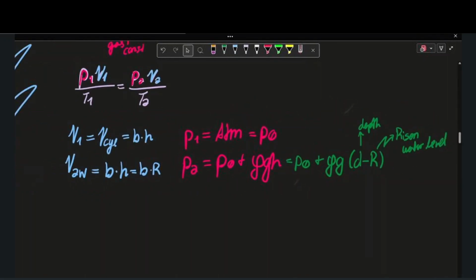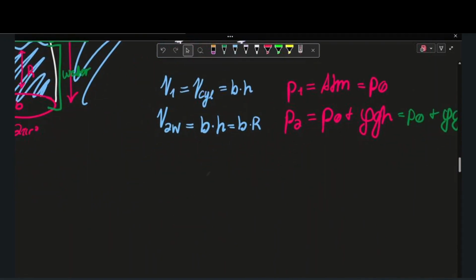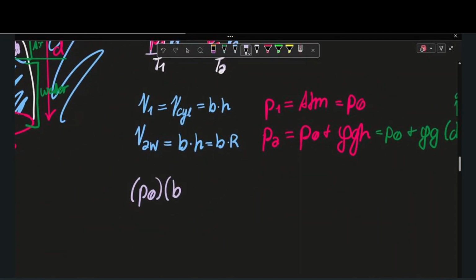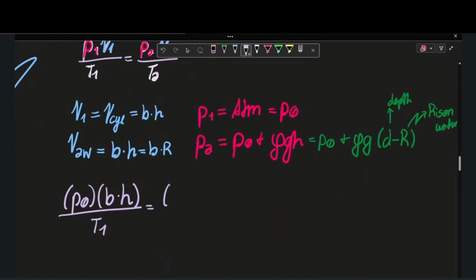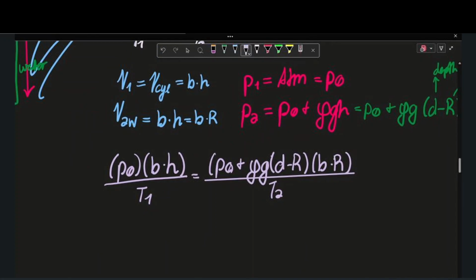Cool. Now that we have this, and we also have T1 and T2 from the question, we can rewrite this as P naught times base times height all over T1 is equal to P naught plus rho g times D minus R times the volume, which is base times R, all over T2. And then from here we can see that our base value cancels out.